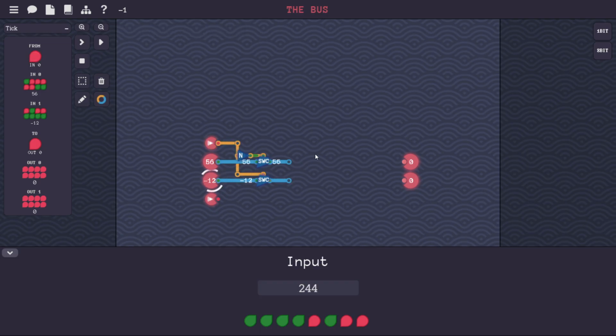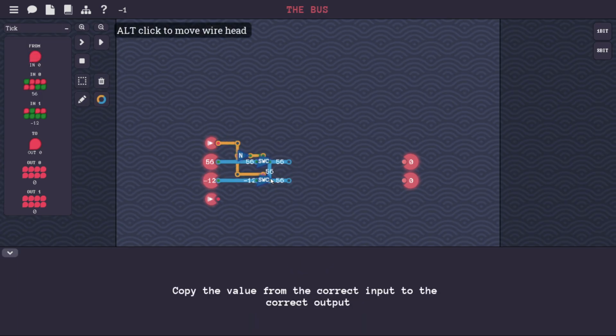Right now 56 and 12, and we can even do better and combine them together and have just something that looks like one output, like this, so that we can clearly see.